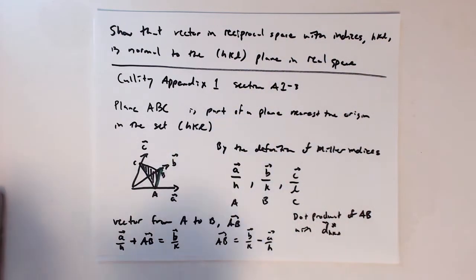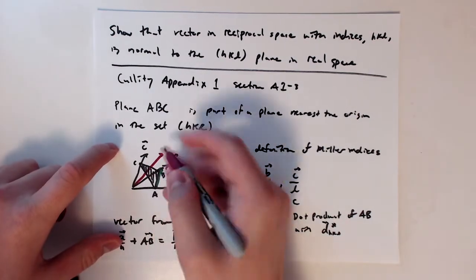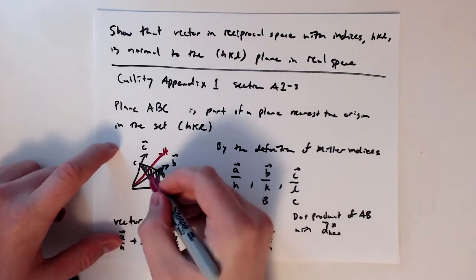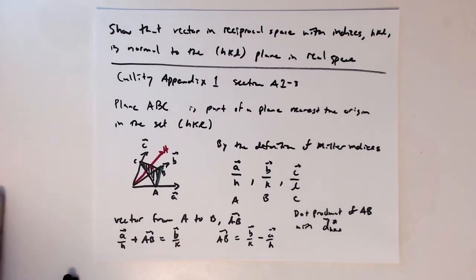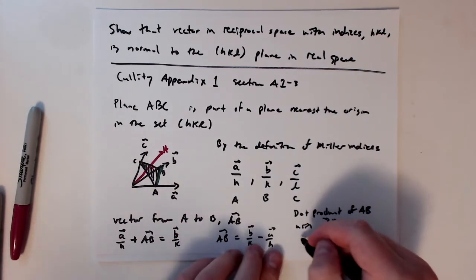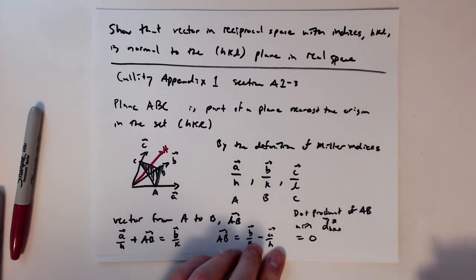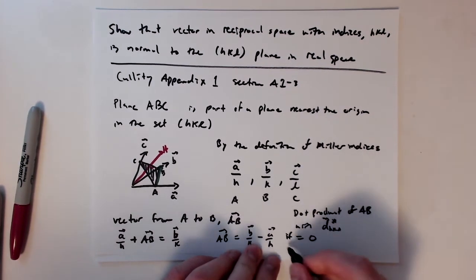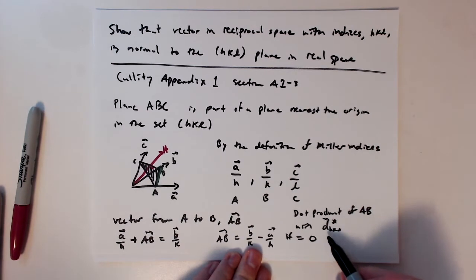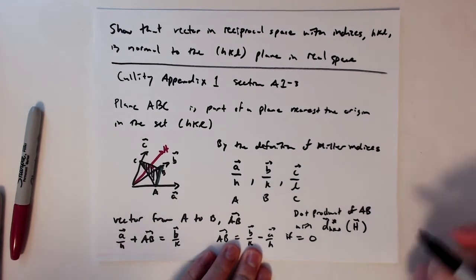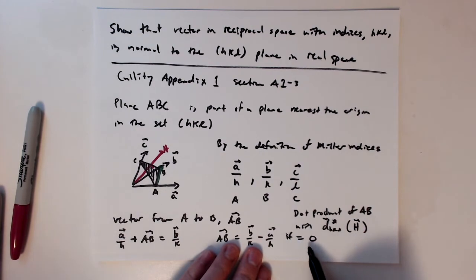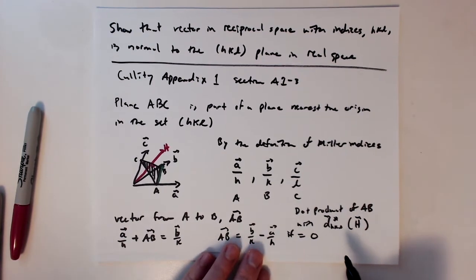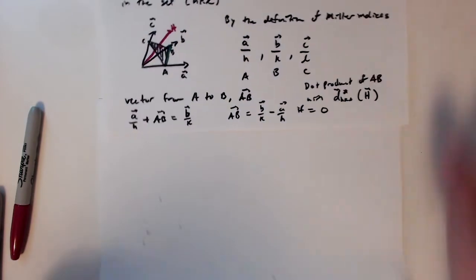Let me change colors again. This is H. If it's true, it should be normal, right? And we can determine if they are normal if the dot product is equal to 0. So if the dot product of this and this, which is H, is 0, then those two are normal. All right, so let's see if we can prove that.